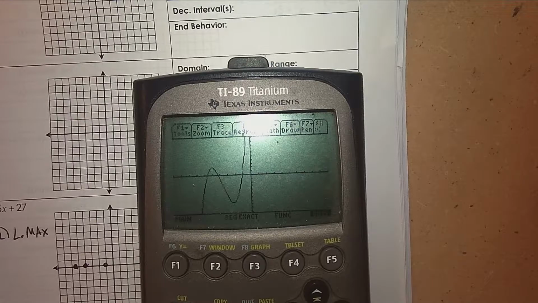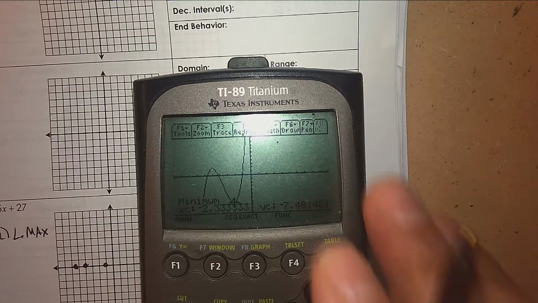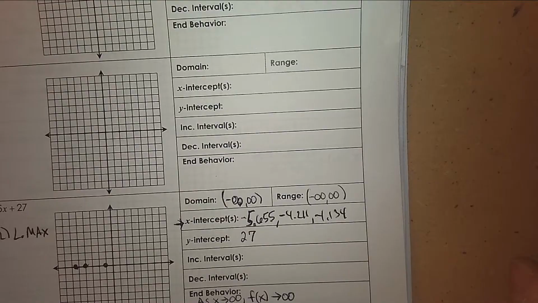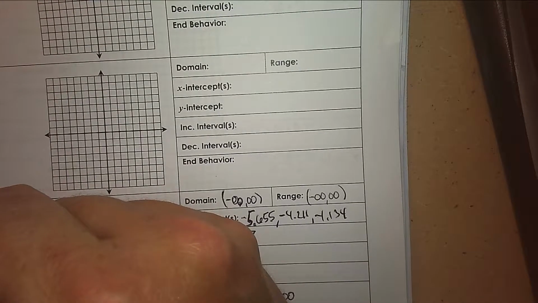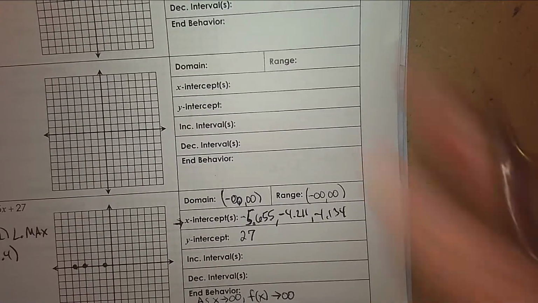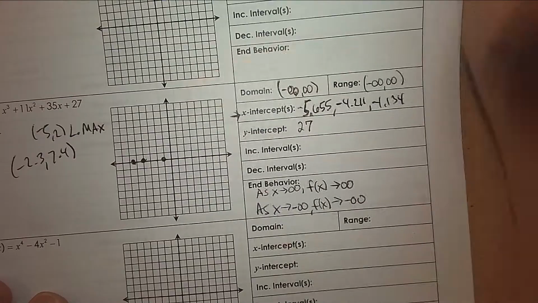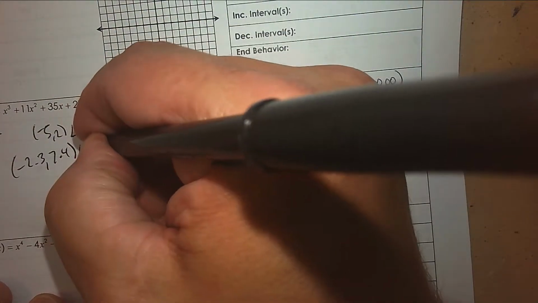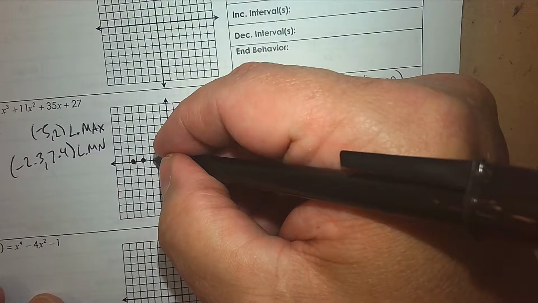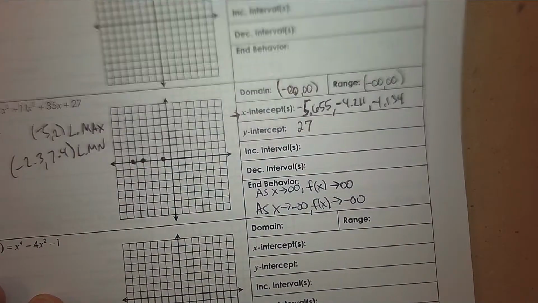So the minimum point is at negative 2.3 and 7 point. That's our local minimum. Oh, that's a negative.